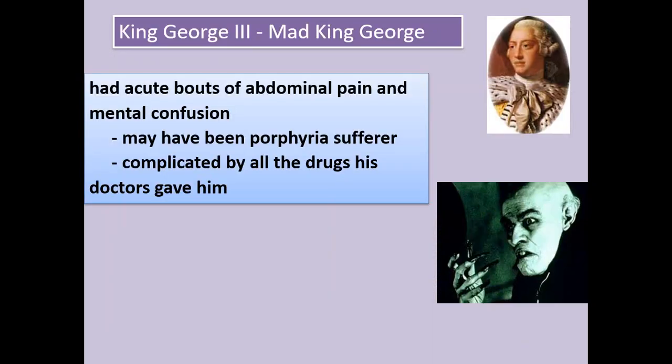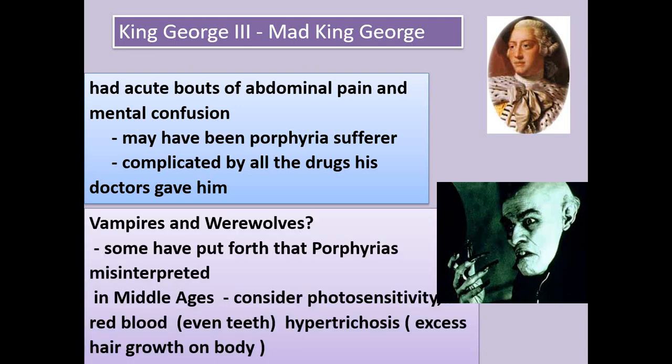From there, this disease was noticed by the clinicians of that time. The presenting complaint of King George was acute bouts of abdominal pain and mental confusion; he may have been a porphyria sufferer, or it may have been complicated by the drugs that his doctor gave him.